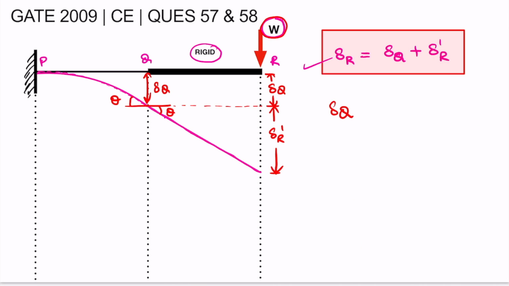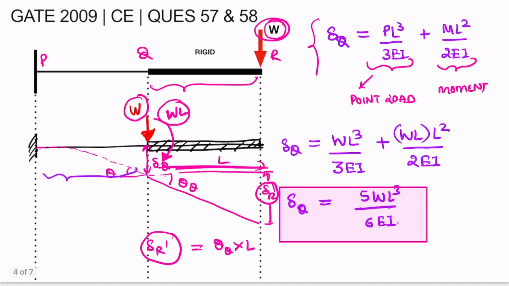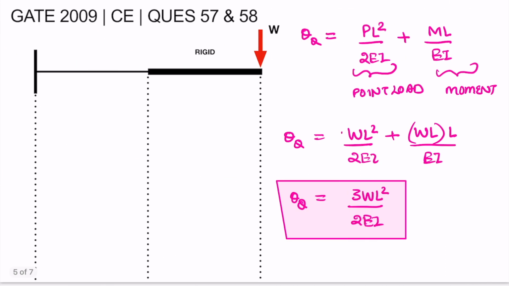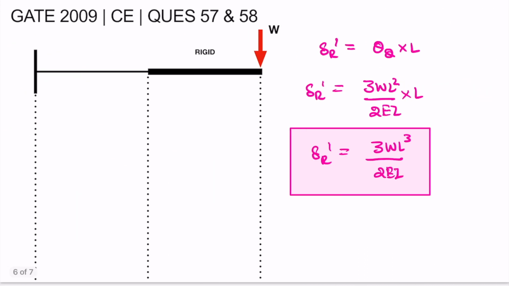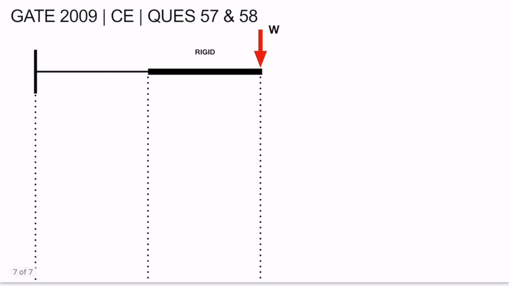So finally delta R will be delta Q plus delta R dash. So delta Q is 5 by 6 WL cube by EI and delta R dash is 3 by 2 WL cube by EI. So we will calculate the final value of delta R as delta Q plus delta R dash.